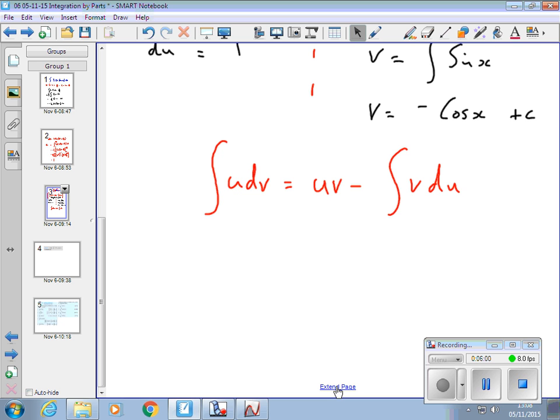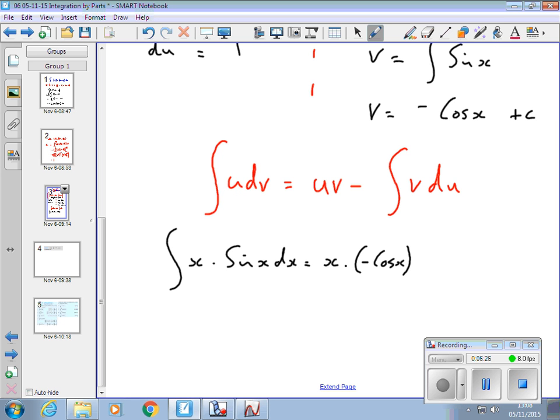So now, what is integral u dv? It's the original integral, x times sine x dx. And then we plug in what we found out. What is u? It's x. What is v? It's the integral of this, minus cos x.